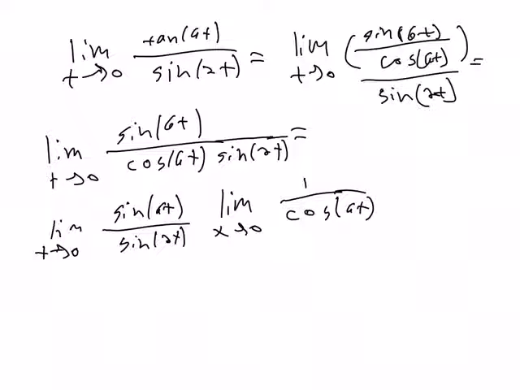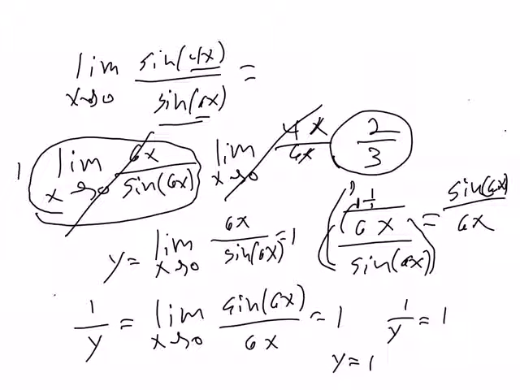Now, by the exact argument that we did before, we can do the exact same steps. It's basically taking the 6 over 2. The same way in the previous example, we had 4 over 6 and the limit ended up being 2 over 3.